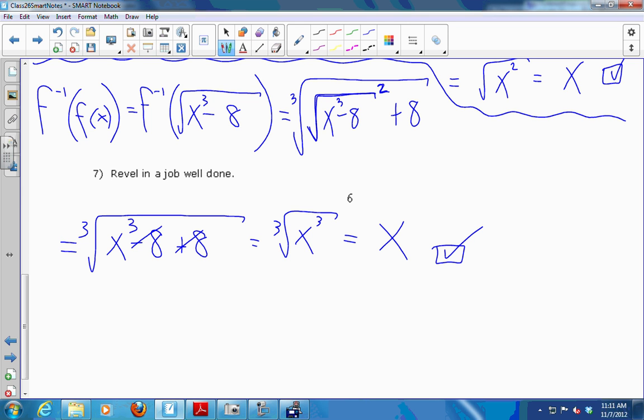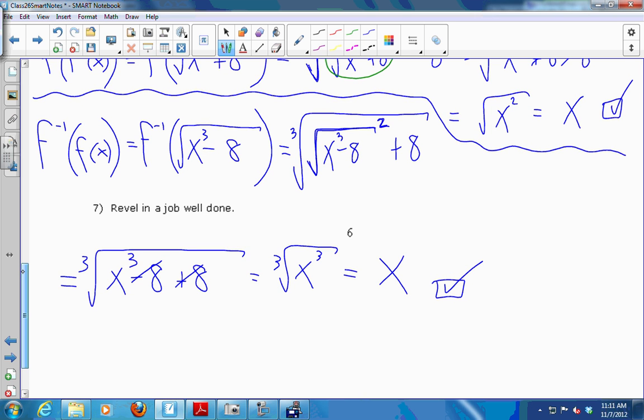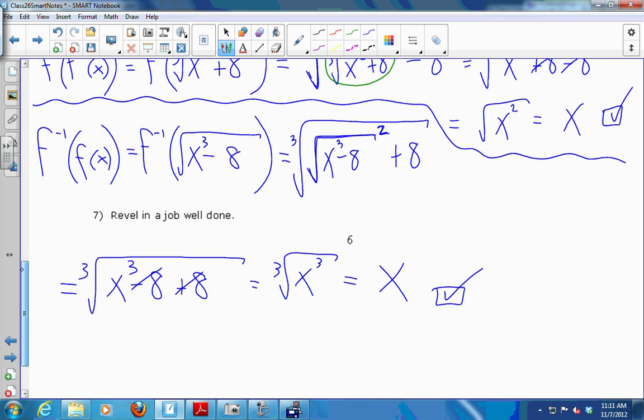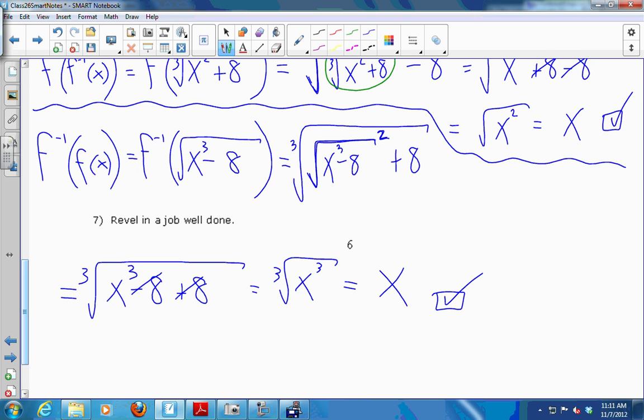Here's a quick way too. So let's say that you get a little lost in the algebraic manipulation here, which could happen, right? If you plug an x in and you apply rule f and then rule f inverse, you get x back.